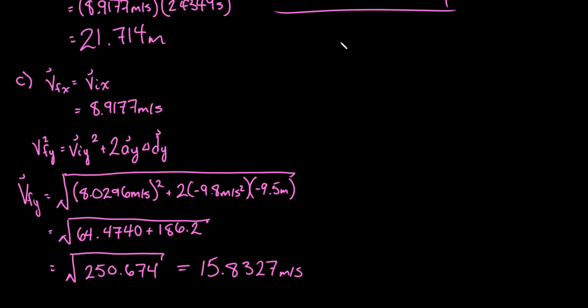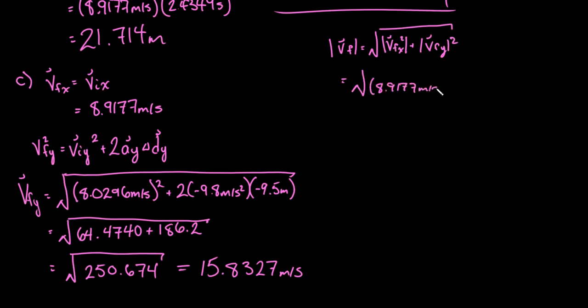Okay, so now you have your final in the y, you have your final in the x, and we can start by putting them together. So the magnitude of our final velocity is the square root of final velocity in the x direction squared plus the final velocity in the y direction squared. So in the x direction, it was that 8.9177. In the y direction, that was what we just solved for, that 15.8327. Okay.